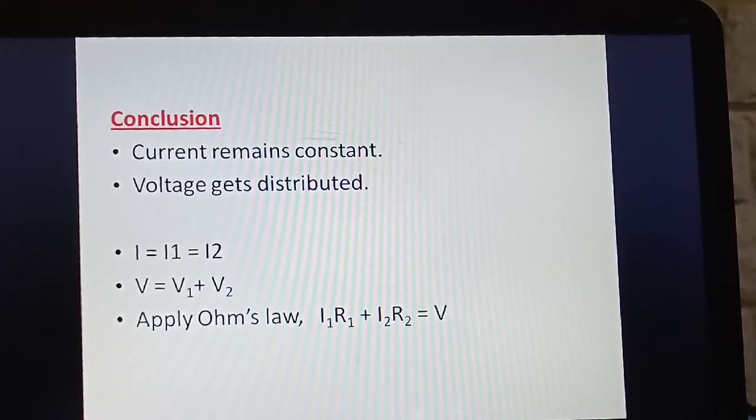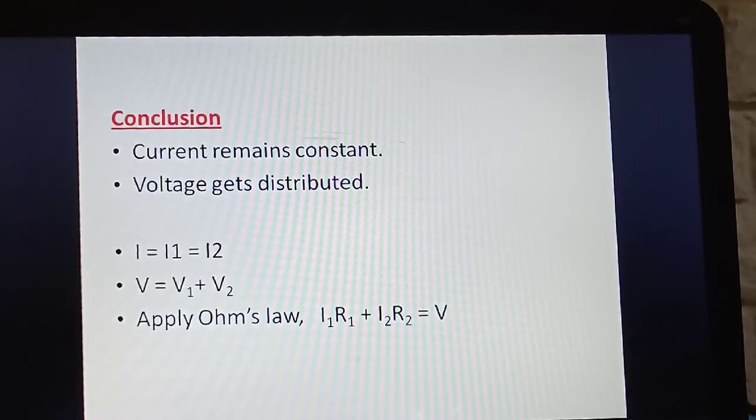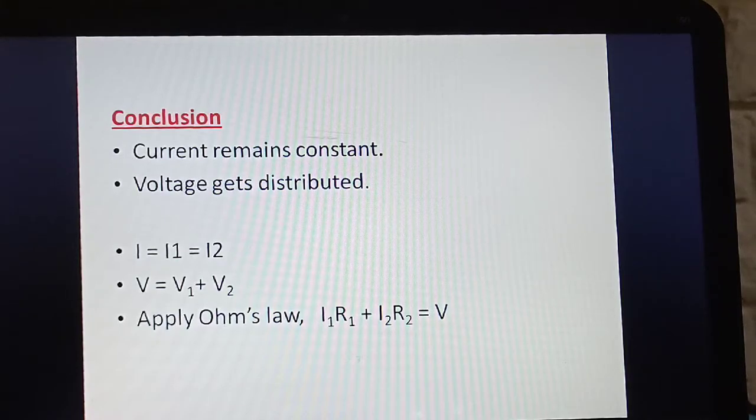So through this we can conclude that current remains constant whereas voltage gets distributed. Remember, in resistance in series, current remains constant whereas voltage gets distributed. How the voltage gets distributed will depend upon the resistance.